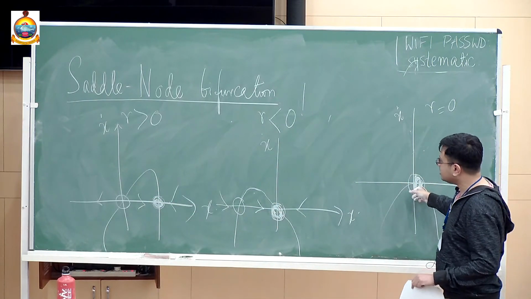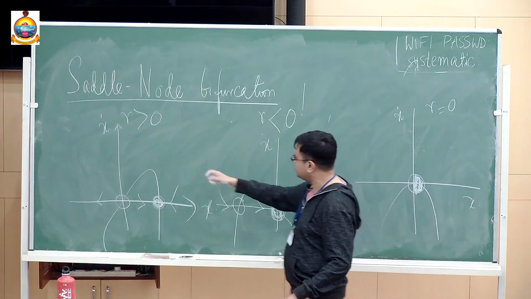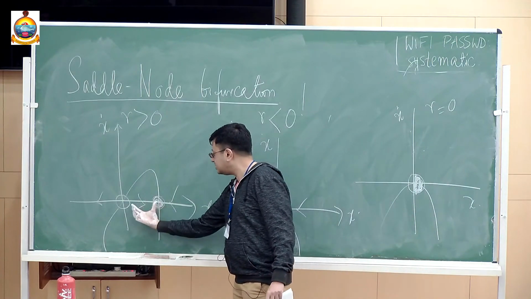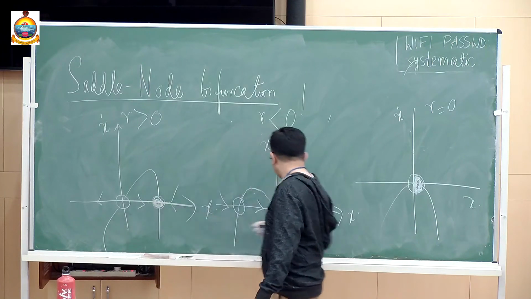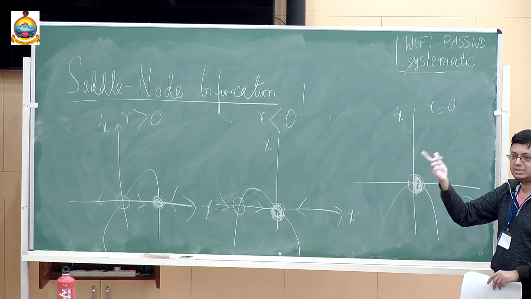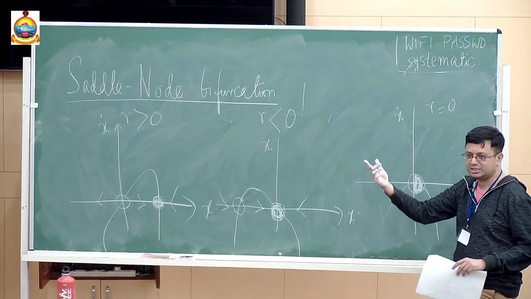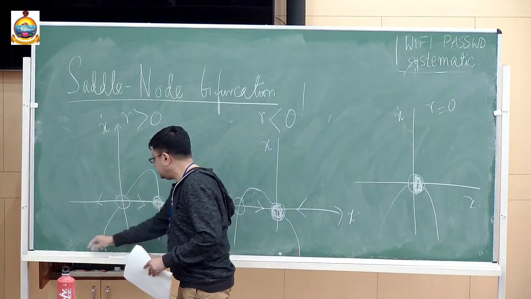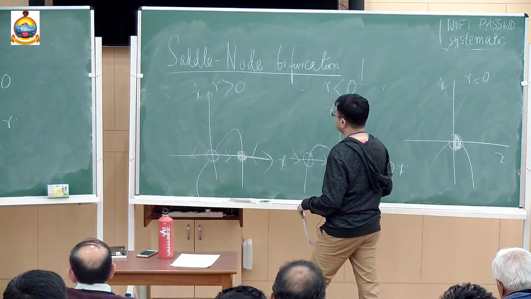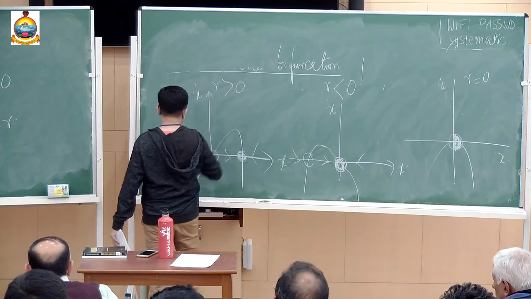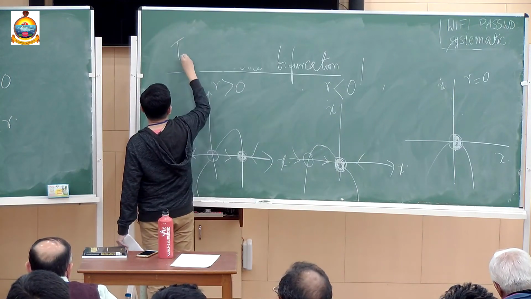Suppose you are tuning your r from r greater than 0 to r less than 0, then what is going to happen is that they merge, they become a half stable fixed point, but then they exchange their stability. The stable one became an unstable fixed point, and the unstable one became a stable fixed point. So this is what is known as a transcritical or an exchange of stability bifurcation. So this is transcritical.